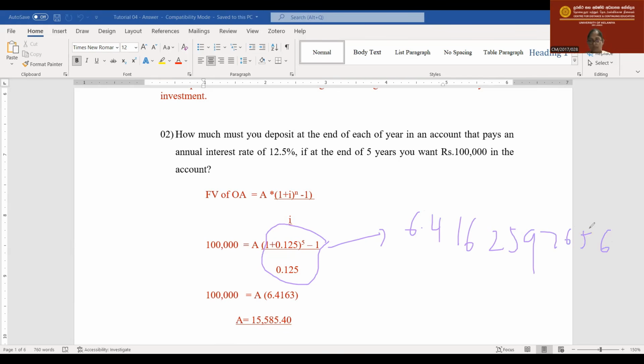The whole value is 6.4162597656. Typically, there is no need to write down all of the decimals.